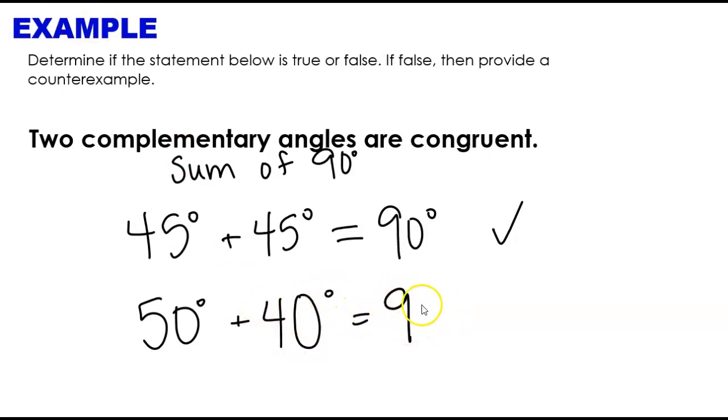These are complementary angles because they add up to 90 degrees, but they are not congruent. A 50-degree angle and a 40-degree angle are not congruent. So that, just one counterexample, one time. I don't even need to do any more. There's plenty more, but I don't need to do more. I just need one counterexample. So this is false.